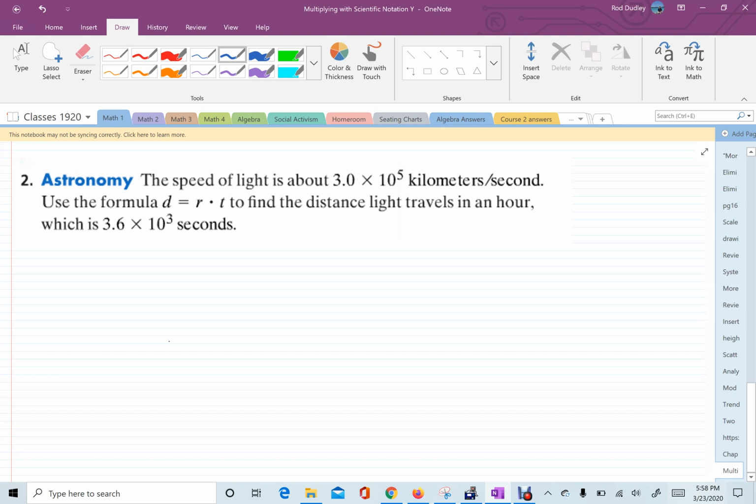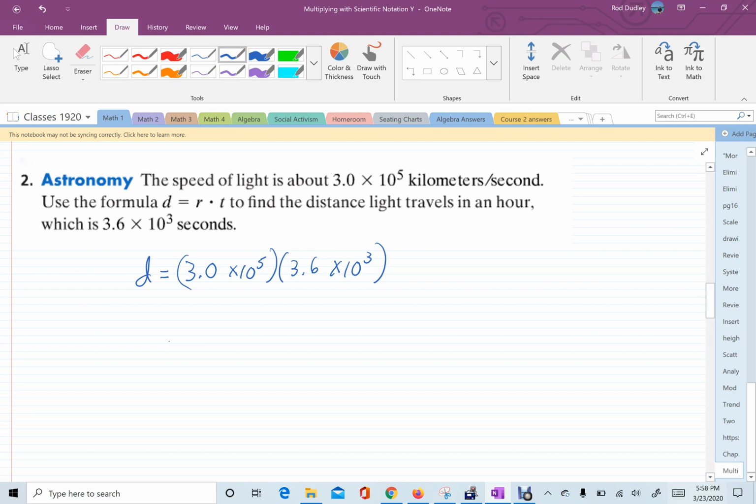All right, so our distance is equal to 3.0 times 10 to the 5th times 3.6 times 10 to the 3rd.